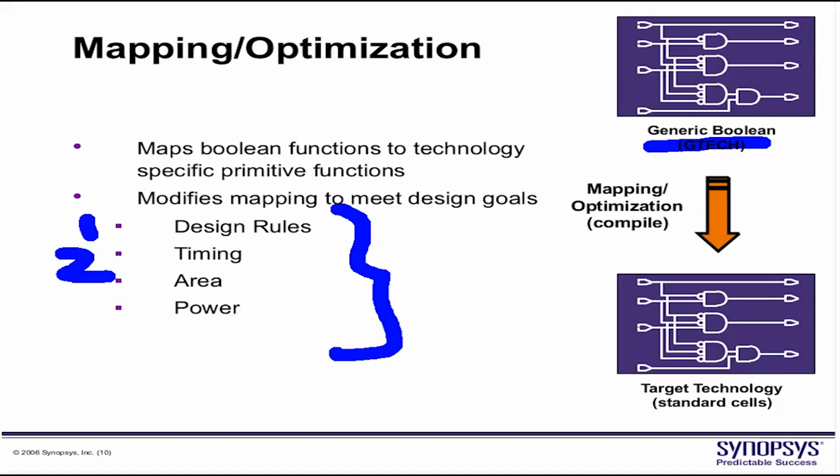That's almost the second last. Since we have to first make sure that the circuit is accurate and is accurately timed, then only we should talk about area. Third comes area, and again last comes power, but power can be given higher priority in some cases. The priorities of these are dynamic, but this is the general rule: design rules, timing, area, and power.